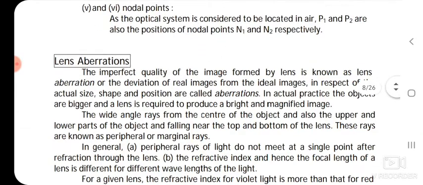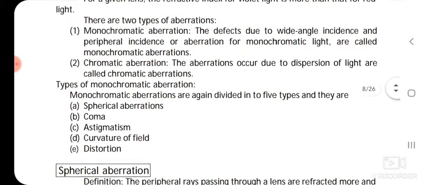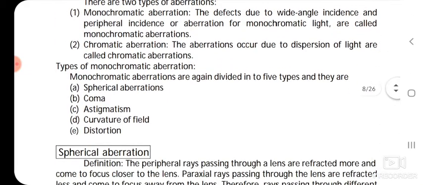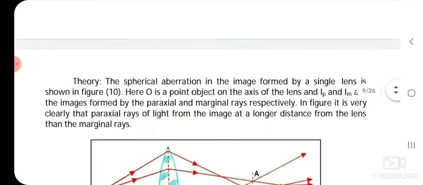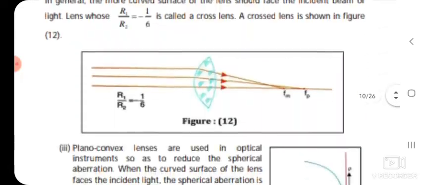After that, lens aberration: monochromatic aberration, chromatic aberration, spherical aberration, that we have to discuss.